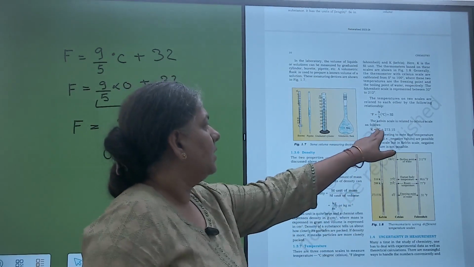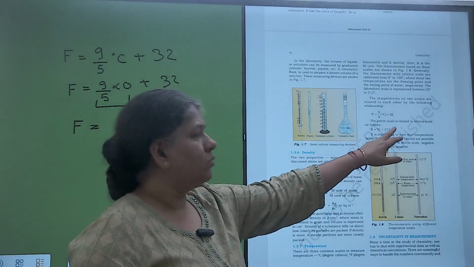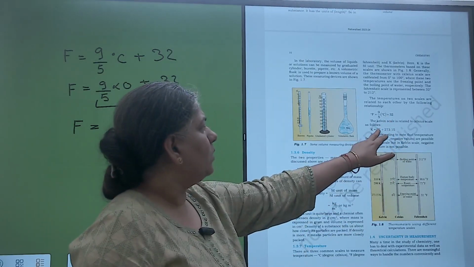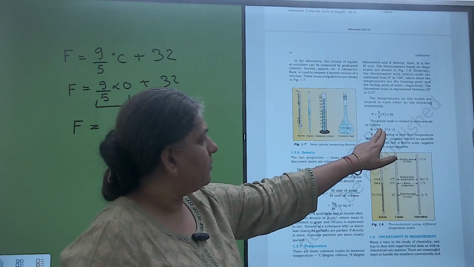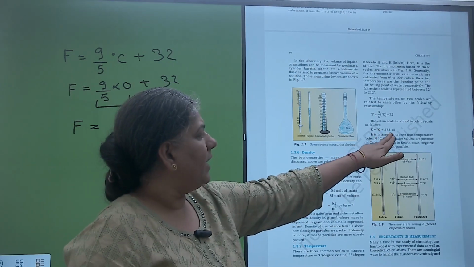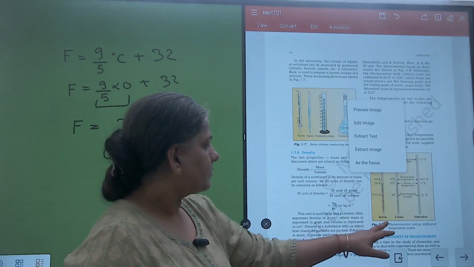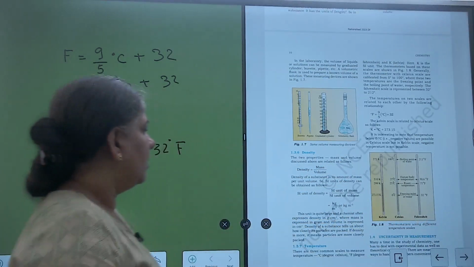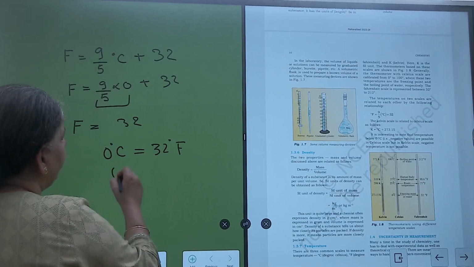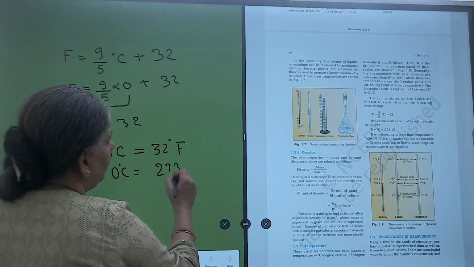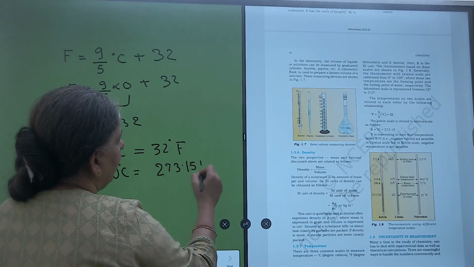Similarly, in the case of Kelvin, Kelvin is degree Celsius plus 273.15. If you keep Celsius at 0 degree, the Kelvin scale will begin at 273.15. So 0 degree Celsius is equal to 273.15 Kelvin.